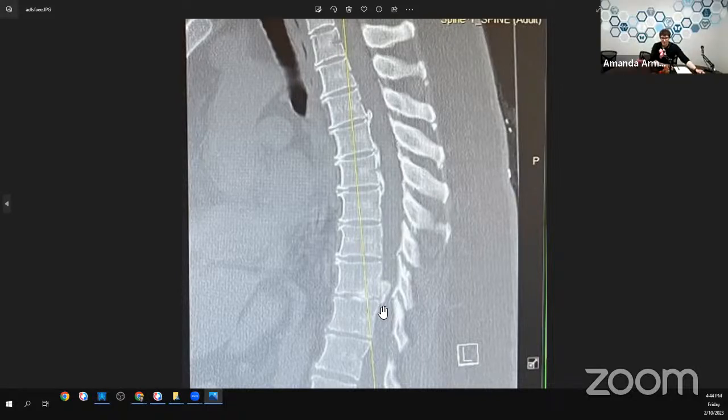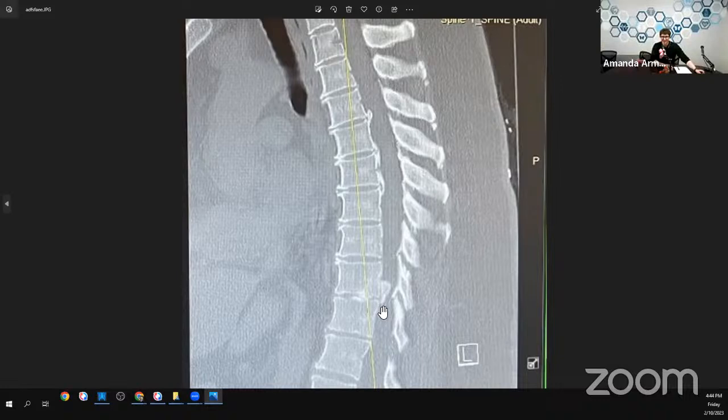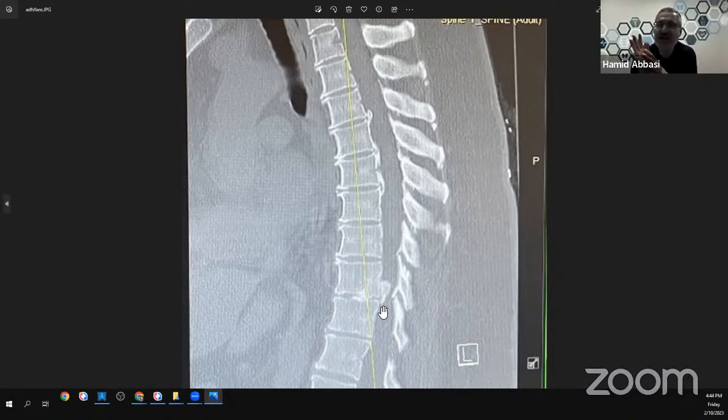Correct, and that we call the conus medullaris. Isn't there a pathology when the growth is going too fast for the cord? Is that tethered cord syndrome? That is exactly what it is. Below the conus is the cauda equina, which is the tail of a horse.